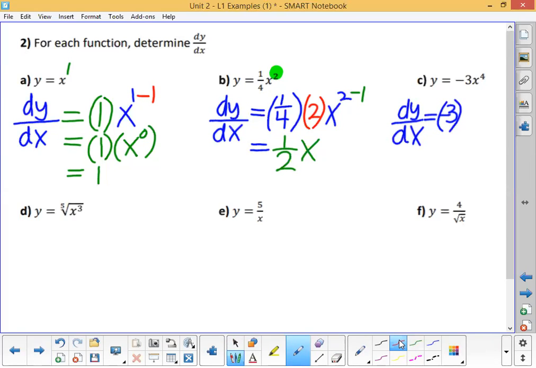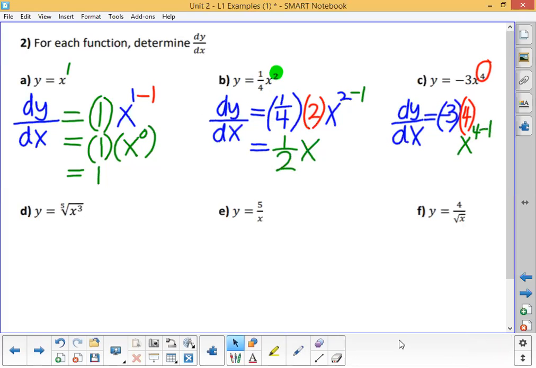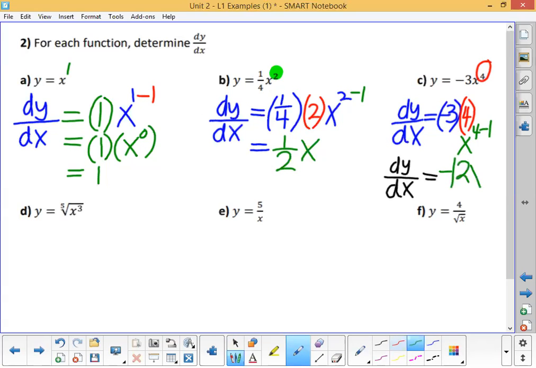I'm going to take this x to the power of 4, bring it down as a coefficient, and then I have x to the power of 4 minus 1. So dy over dx is going to give me -12 x to the power of 3.